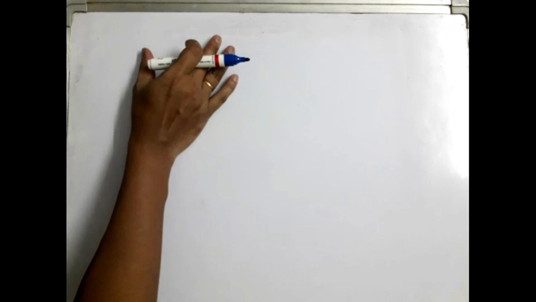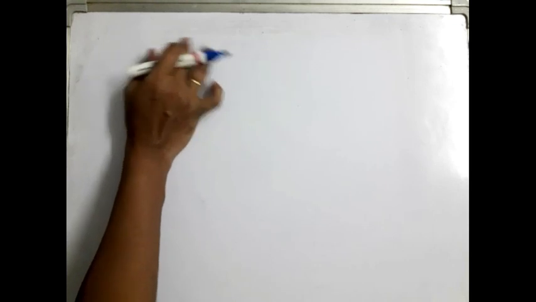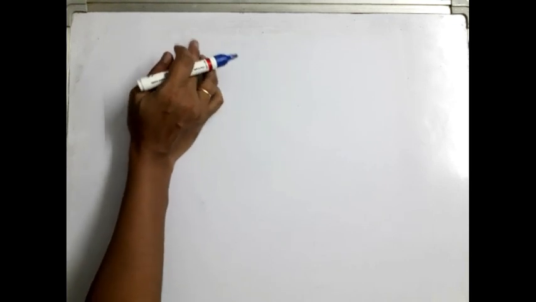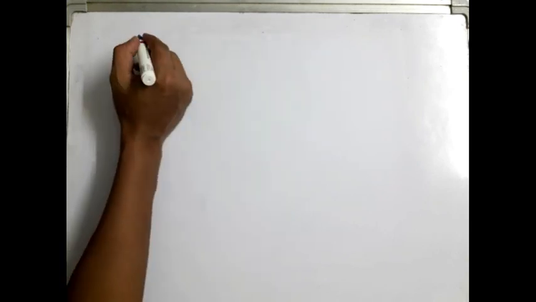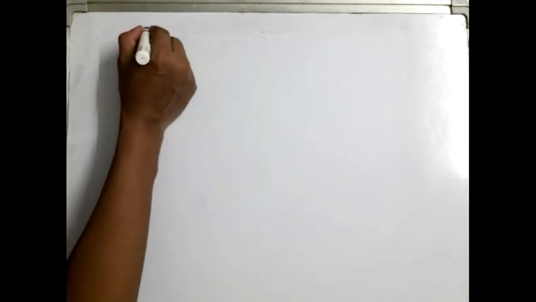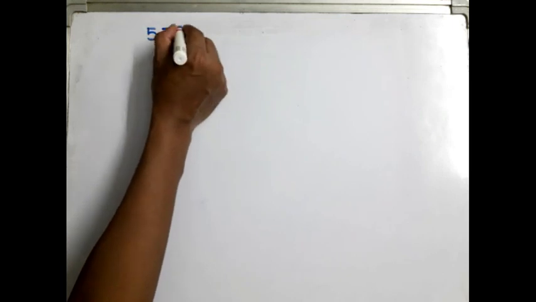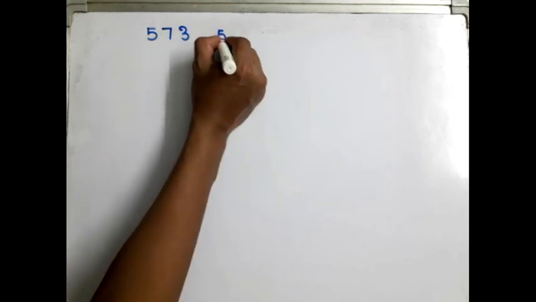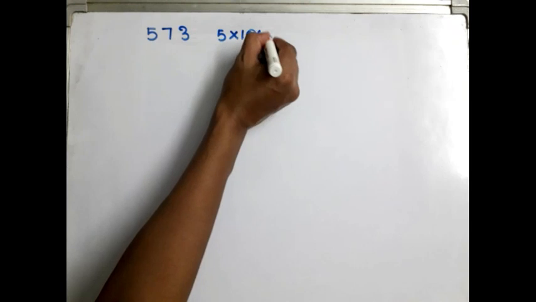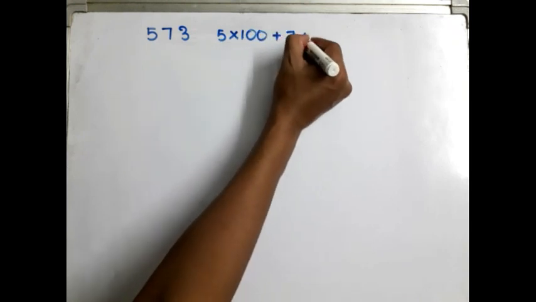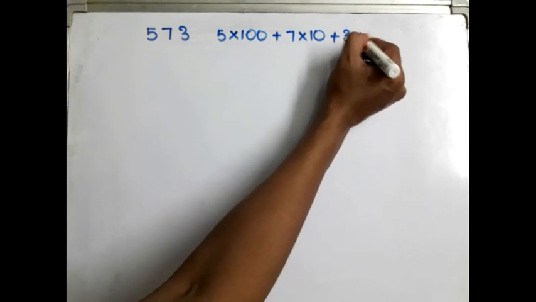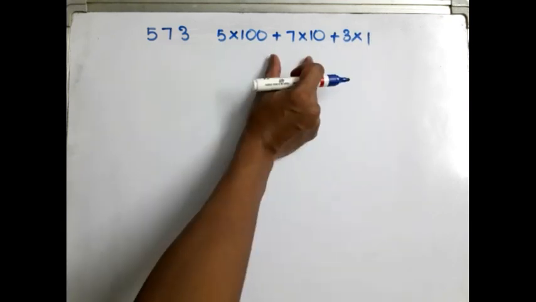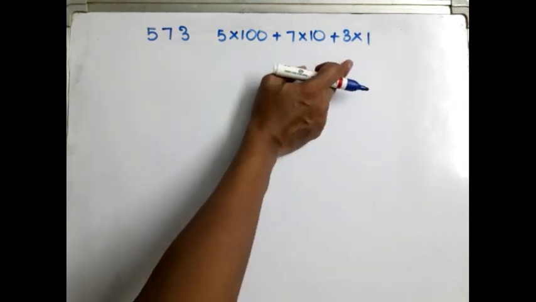As I have given the explanation for a 2-digit number, the same thing applies for a 3-digit number also. For example, 573. The expanded form is going to be 5 into 100 plus 7 into 10 plus 3 into 1. 5 into 100, 7 into 10 and 3 into 1.